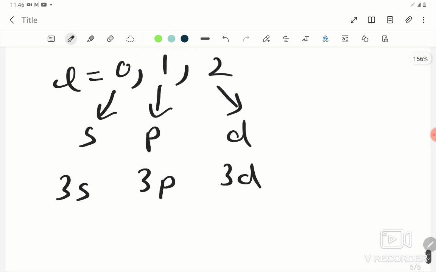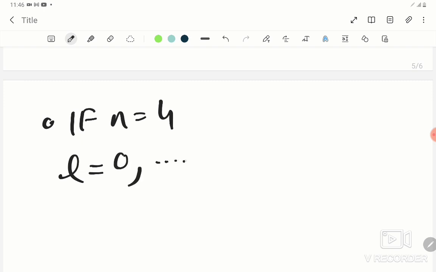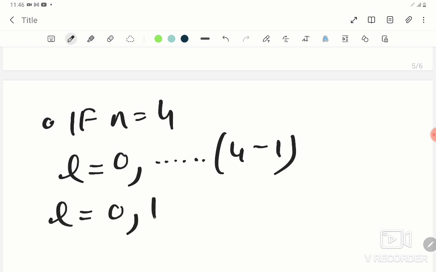Now guys, we'll also observe the final case, if n is equal to 4. Now guys, in this case, angular quantum number will start from 0 and it will end at 4 minus 1. Therefore, the values of angular quantum number will be 0, 1, 2 and 3.